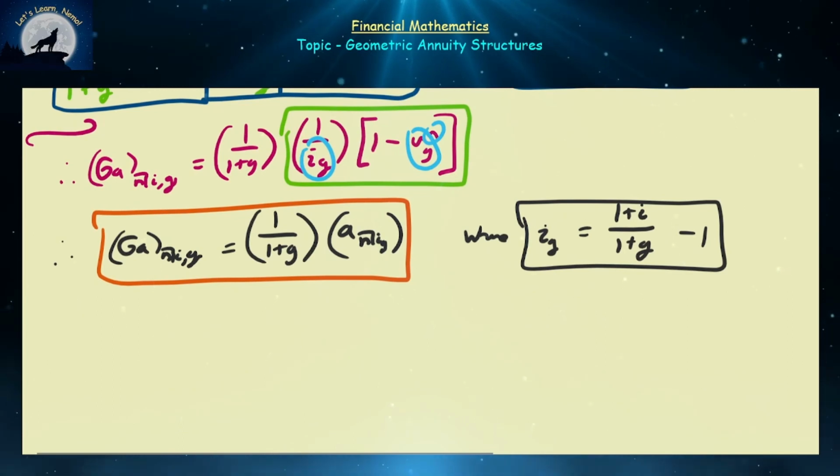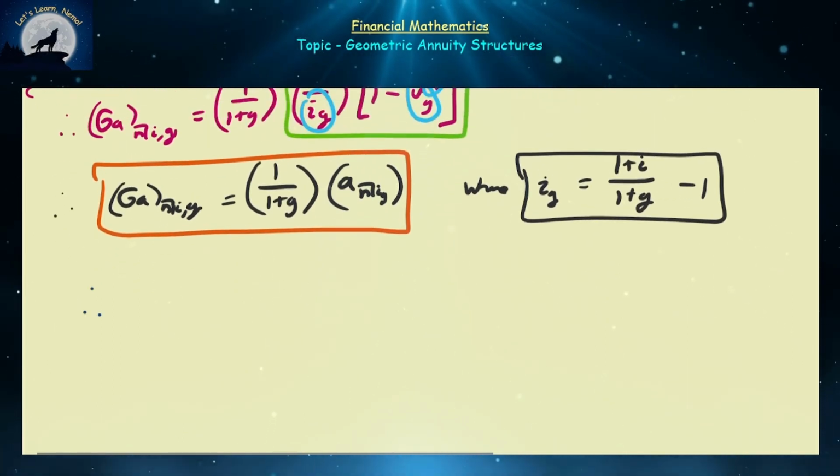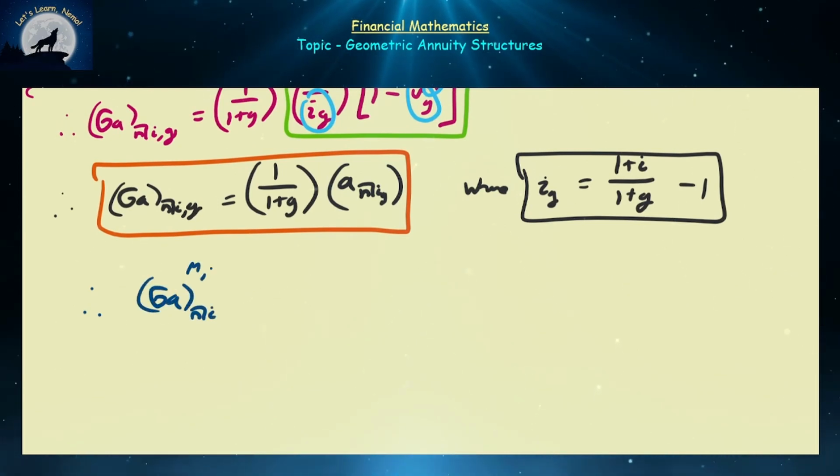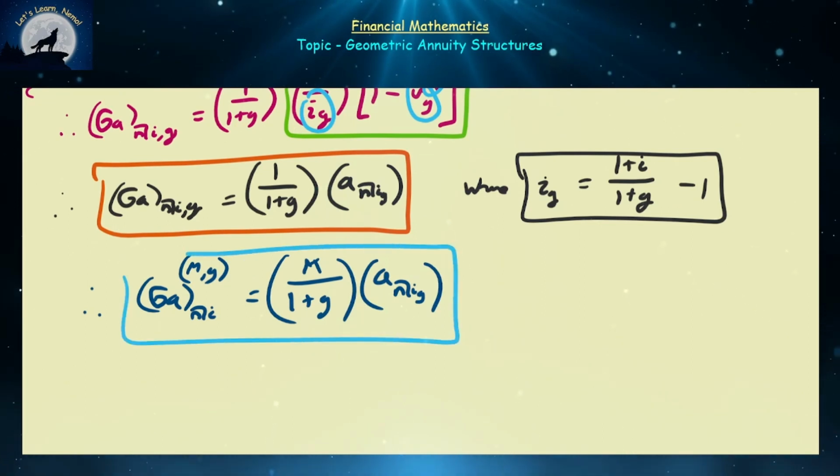So let's summarize this very nicely. So that means GA will be equal to m all over 1 plus g times a_n at i_g.